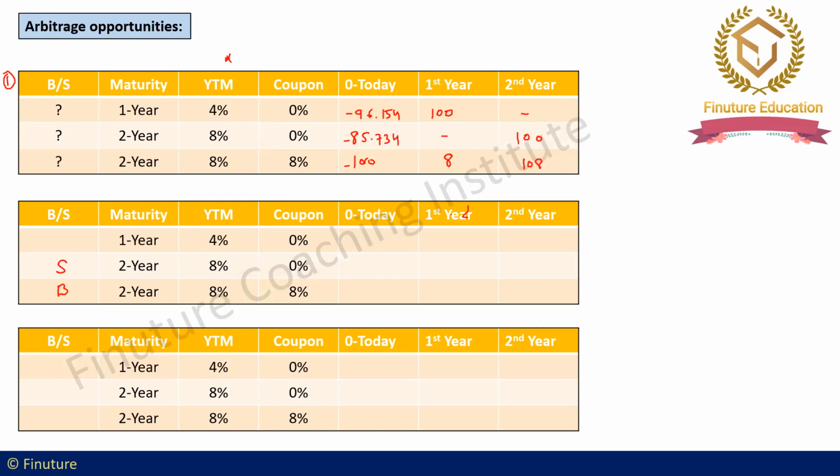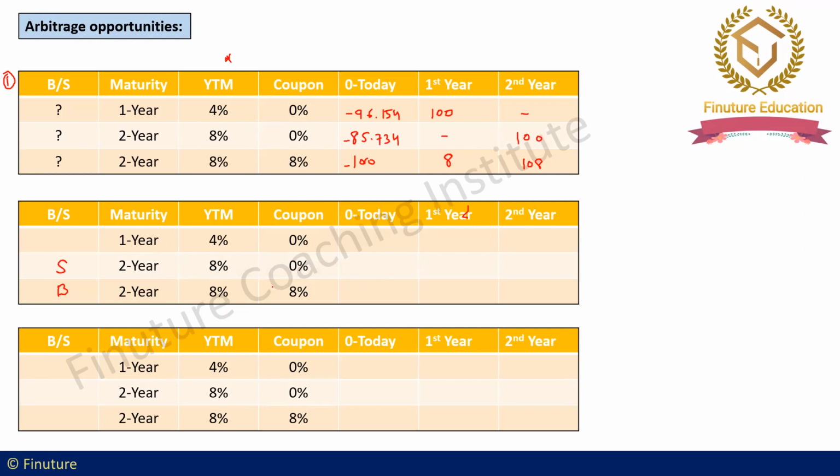So, for example, if I sell this bond, what will happen if I sell this bond today? I will receive something, and what I'll receive, we'll see. And I need to buy this bond.